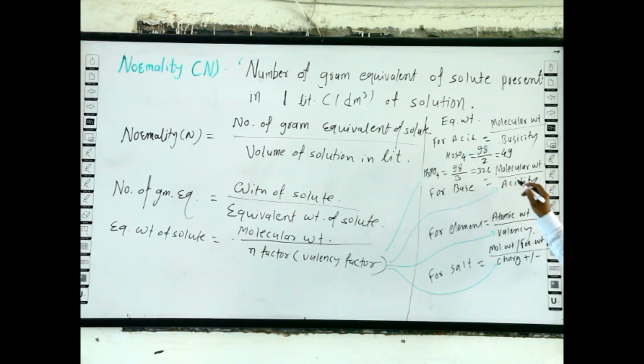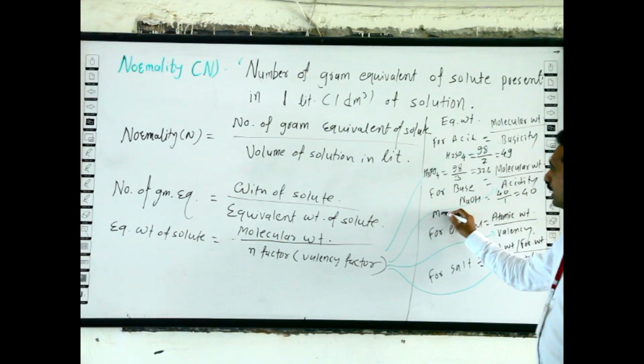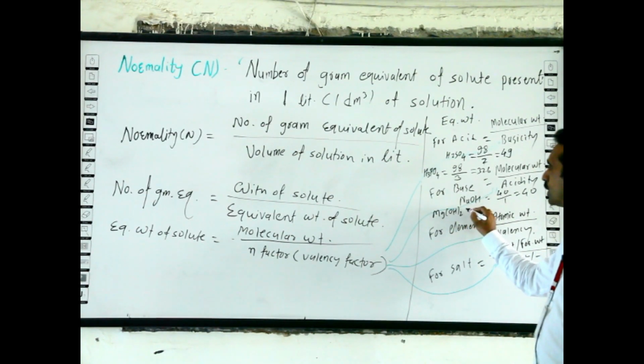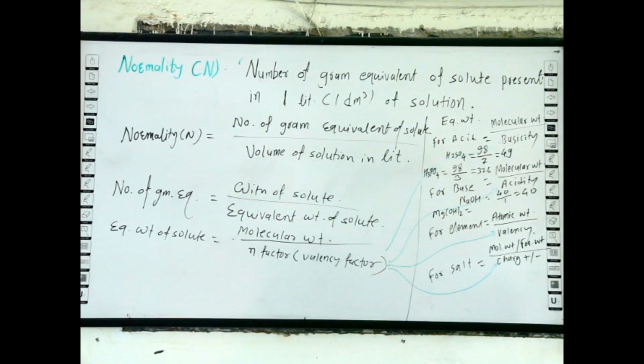For base, suppose one example, that is NaOH, 40 by 1 is equal to 40. For Mg(OH)2, Mg 24 and OH twice 34, 24 plus 34, 58 by 2, that is 29.